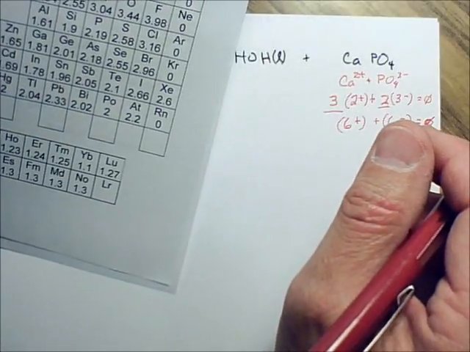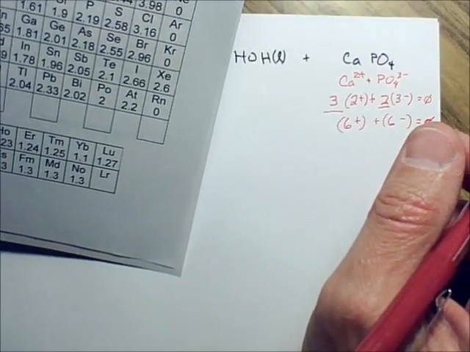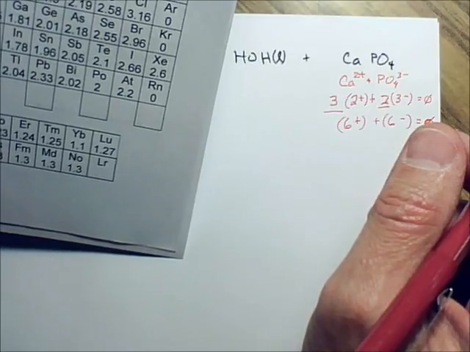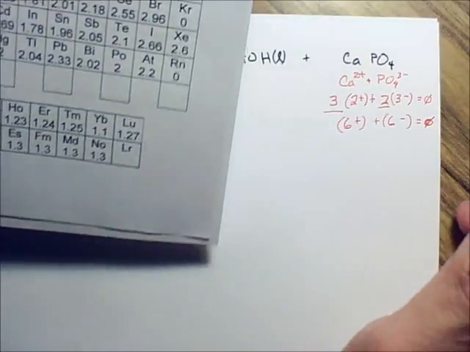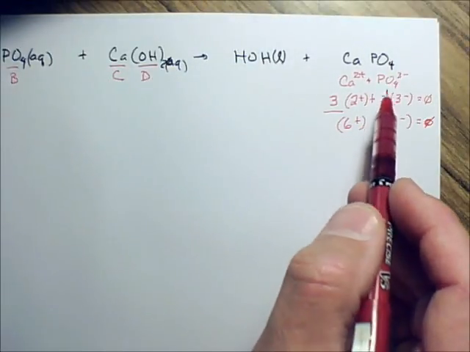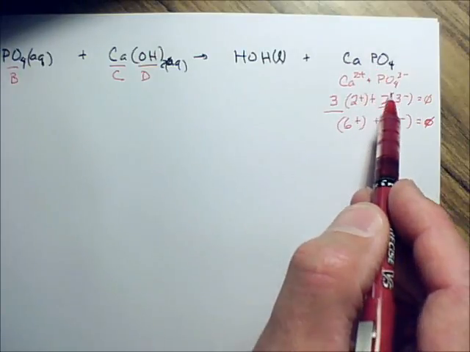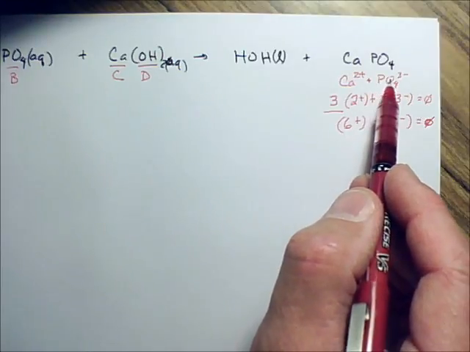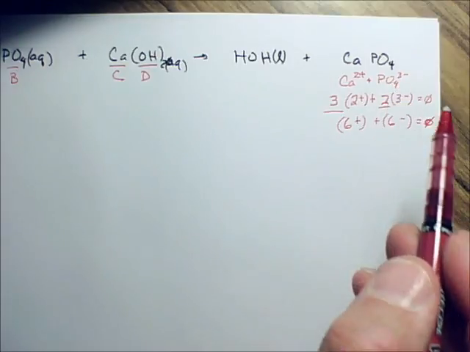But there was a definition in Unit 5, I believe, that said, what's the sum of all the oxidation numbers in a polyatomic ion? The charge on the ion is the answer. So if we were to add up all the oxidation numbers for the atoms that are in this polyatomic ion phosphate, all the oxidation numbers on the phosphorus and the 4 oxygens, we would get a 3 negative when we added them up. Okay.